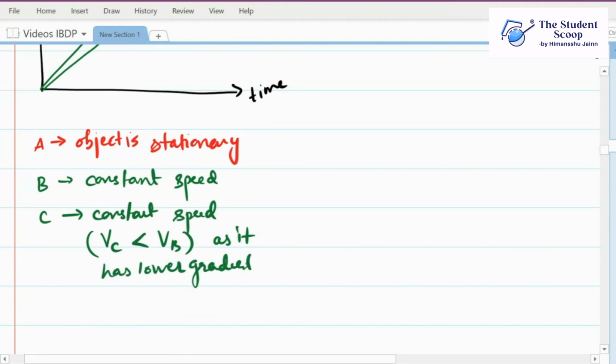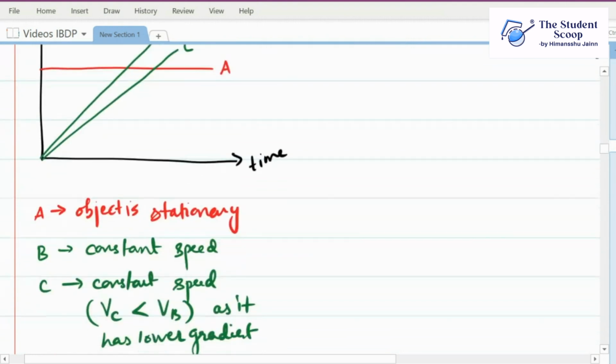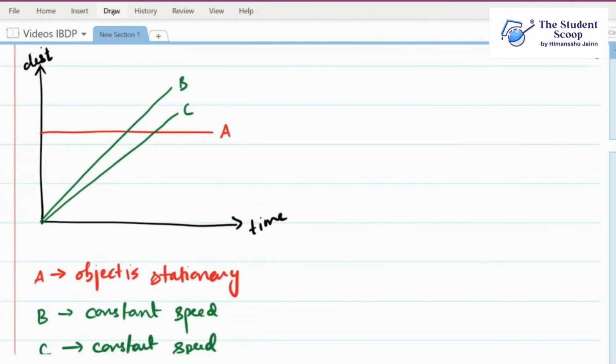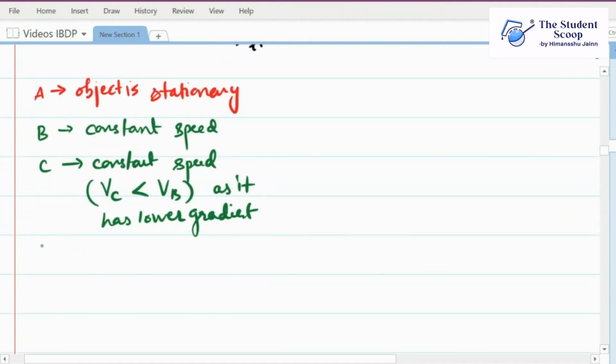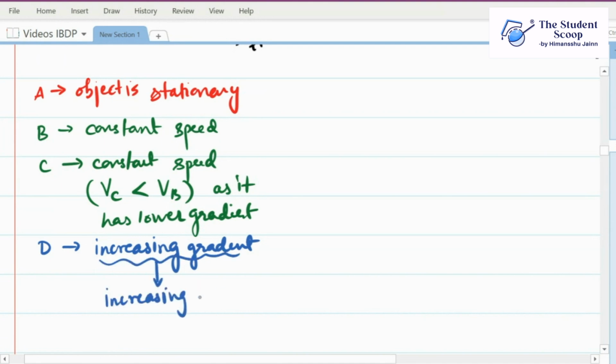Now, we have one more example of this graph. Imagine the graph is changing like this. Let this be D. D represents an increasing gradient, and whenever there is an increasing gradient, it represents increasing speed. If it is increasing speed, it will represent a positive acceleration.